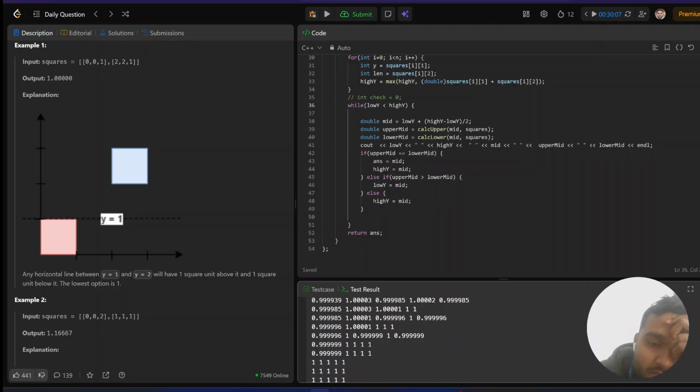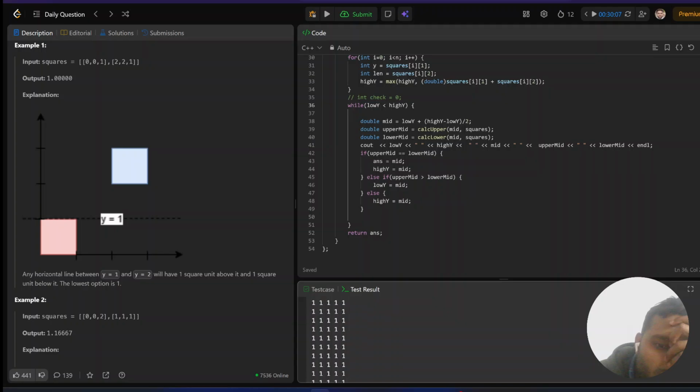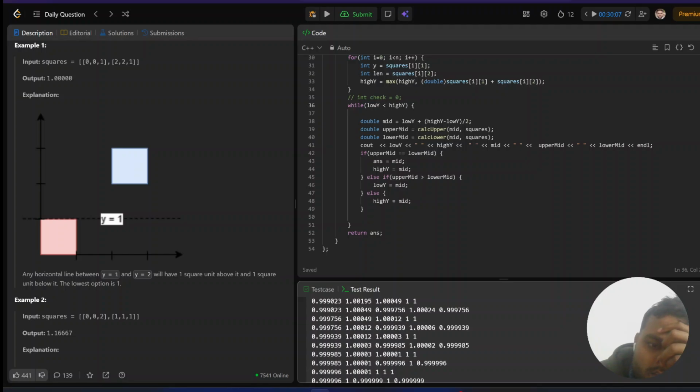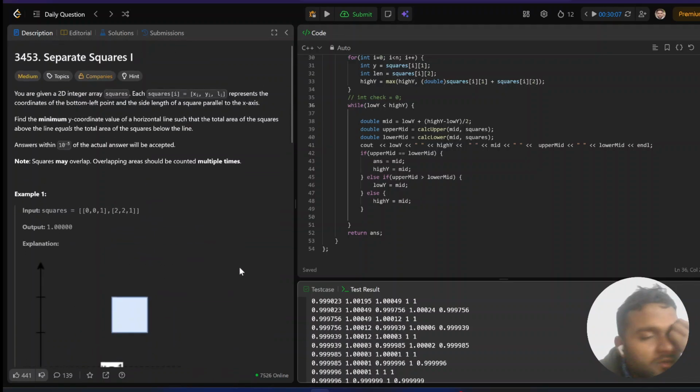In these double values, we will not get the exact answer.